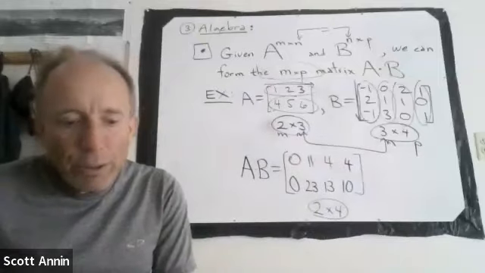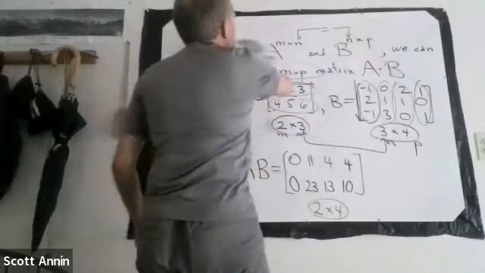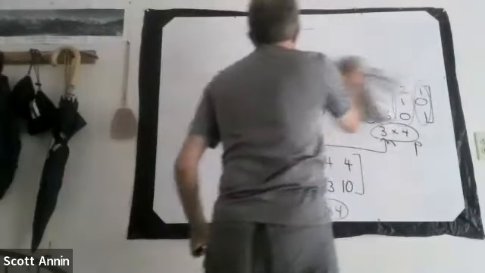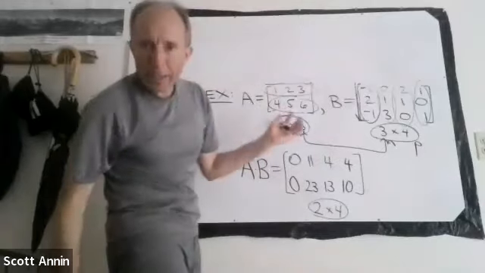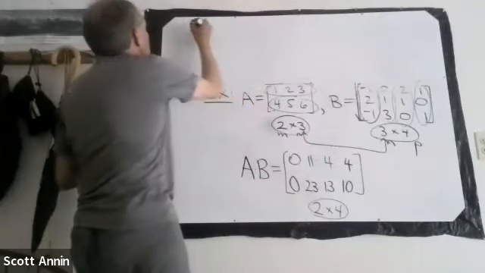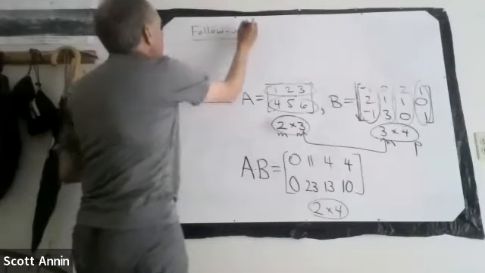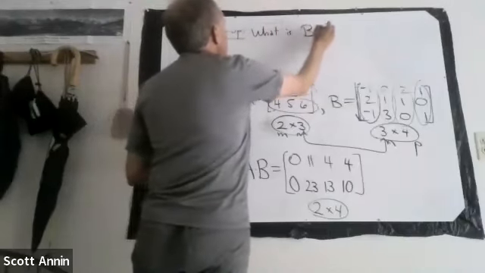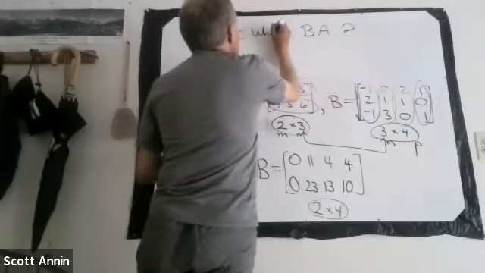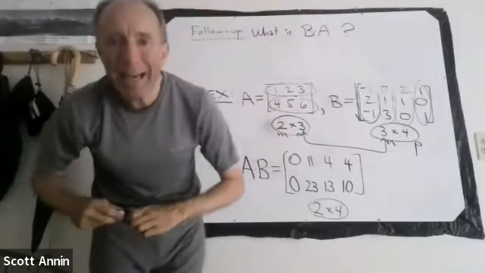I want to conclude this video with one last observation, and that is the following. Let's stick with this example for a minute and ask a follow-up question here. I could ask you the question, what is B times A? In this exact same example.